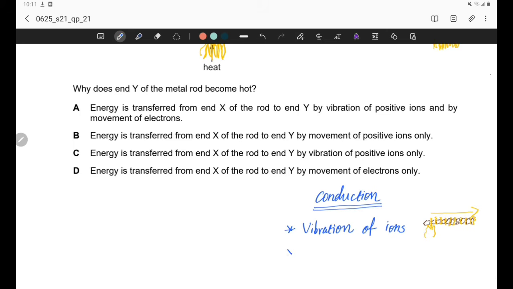And the second way is the free electrons available in this rod or metal rod. They are free to move. They are not fixed as ions or molecules. They are out of the atoms and they can freely move. So the movement of electrons.